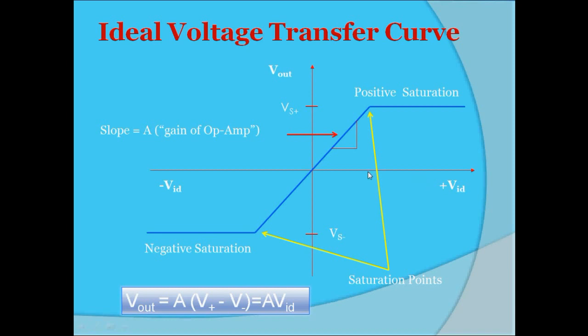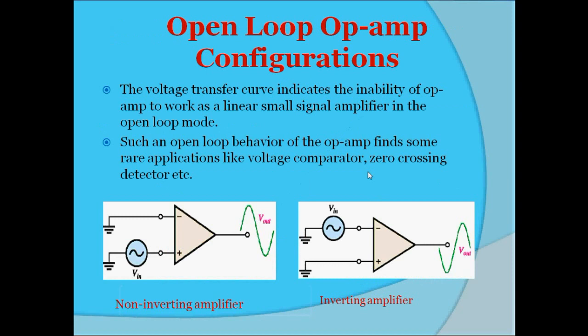This curve is called the ideal voltage transfer curve. Ideal because the output offset voltage is assumed to be 0. In normal op-amp use, this voltage is near 0 and it is ignored for simplicity of calculations. Now we can go to the configurations of the op-amp.